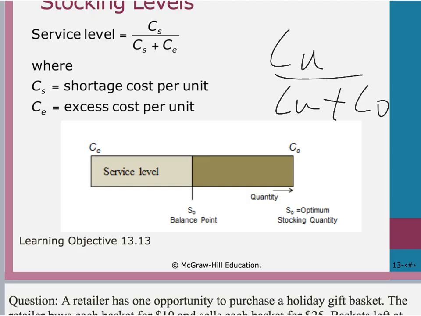For anything with a high service level, the cost of being out of stock on this item far outweighs the cost of having too much inventory. So when you're out of stock on this item, you're losing so much profit, so much revenue, that you'd rather carry extra inventory and have that higher service level, because the cost of understocking is expensive.